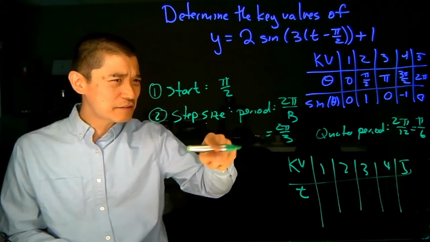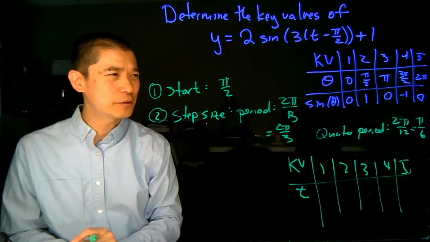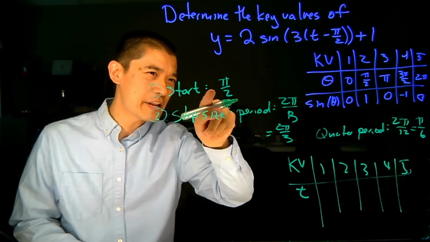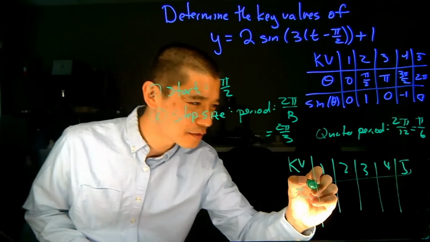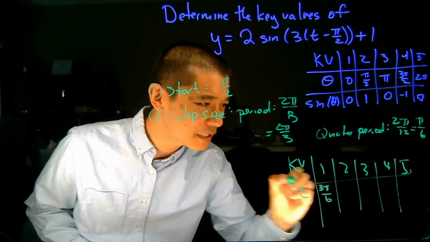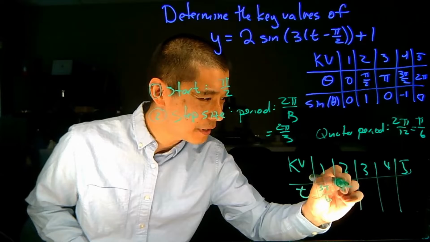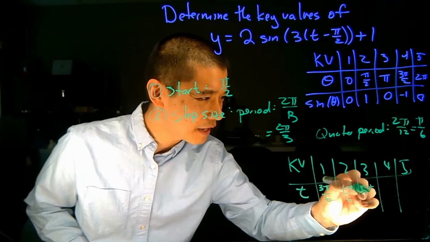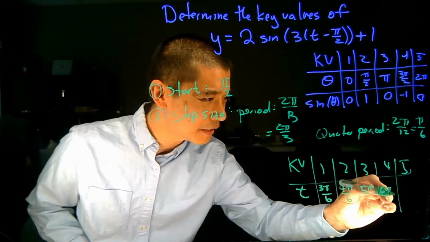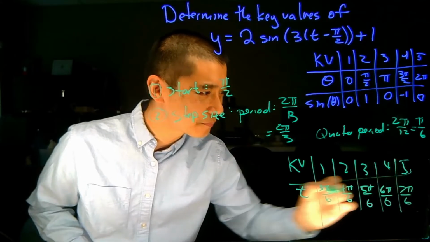Now, to make life simple, instead of writing pi over 2, I'm going to write it with a denominator of 6. That'll just make life easier. So this is 3 pi over 6, and we're just going to move by pi over 6 as we go to the right: 4 pi over 6, 5 pi over 6, 6 pi over 6, and 7 pi over 6.